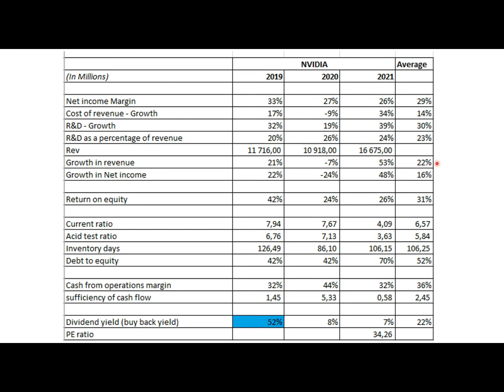So revenues are growing at about 53%, on average 22% for the 3-year period 2019, 2020, 2021, well above the industry average of 8%. So the costs, yes, they've deteriorated margins slightly.